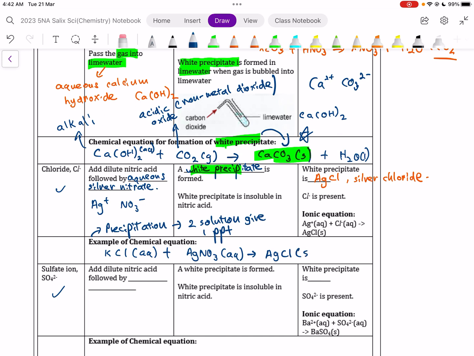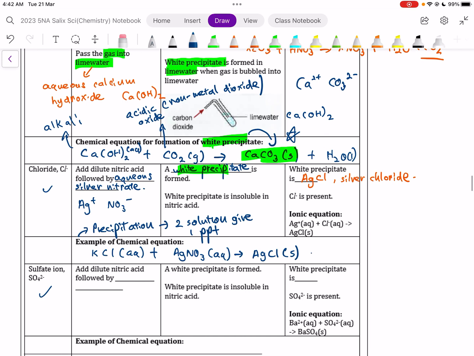So this is your white precipitate, silver chloride, then plus potassium nitrate as the byproduct. Byproduct means the other product. So take note, the white precipitate is silver chloride, because sometimes they will ask you what the white precipitate is.